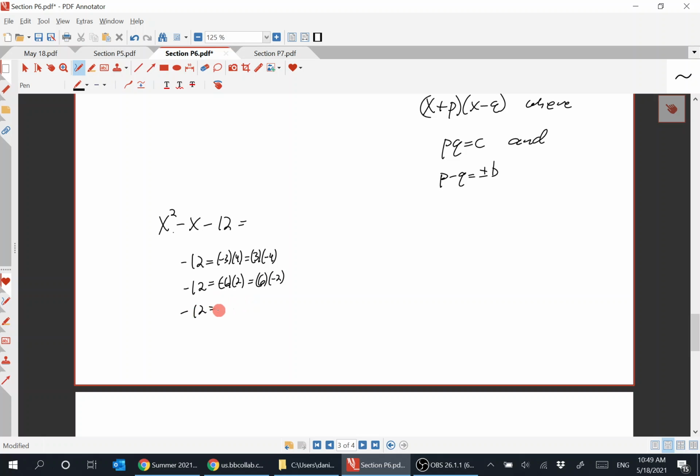And negative 12 is equal to negative 12 times 1, or 12 times negative 1. All right, so we have all these different factorizations of negative 12 to contend with here, right? So the possible answers are going to be x minus 3, x plus 4, possible answers.